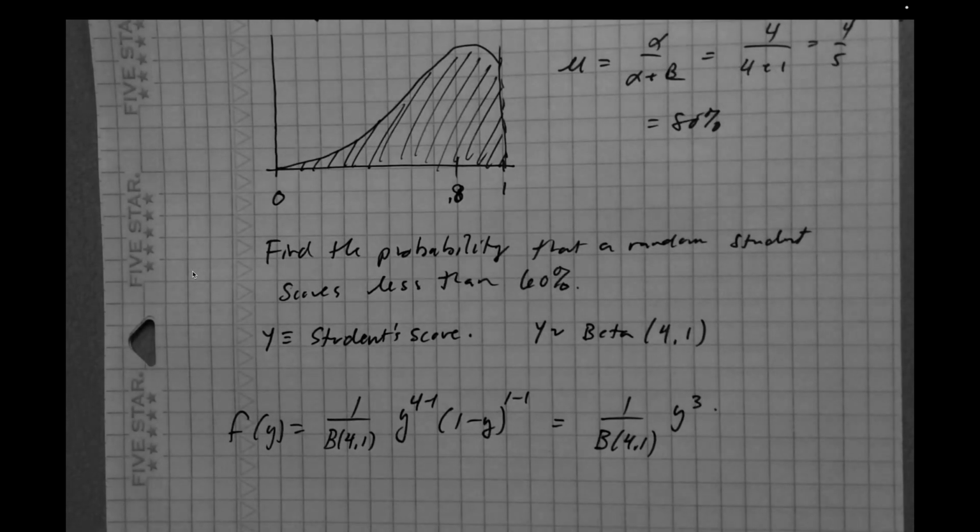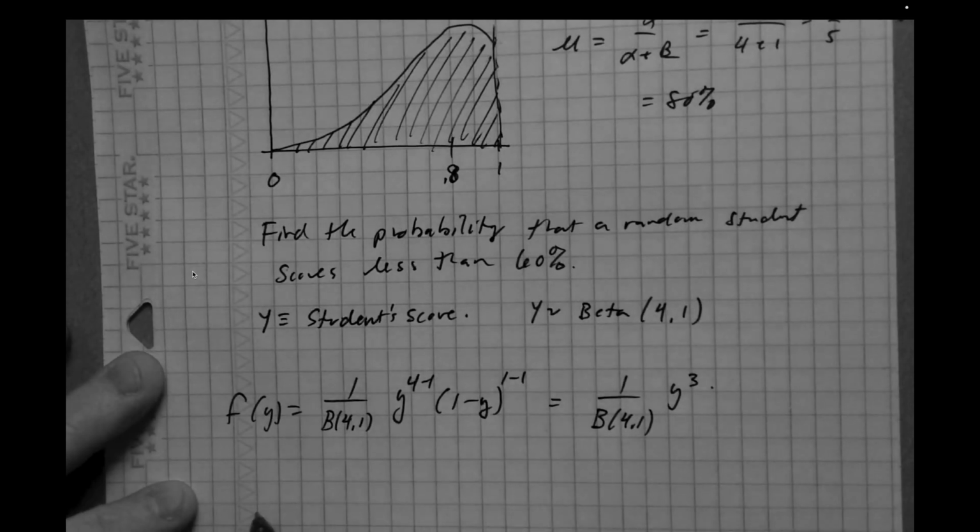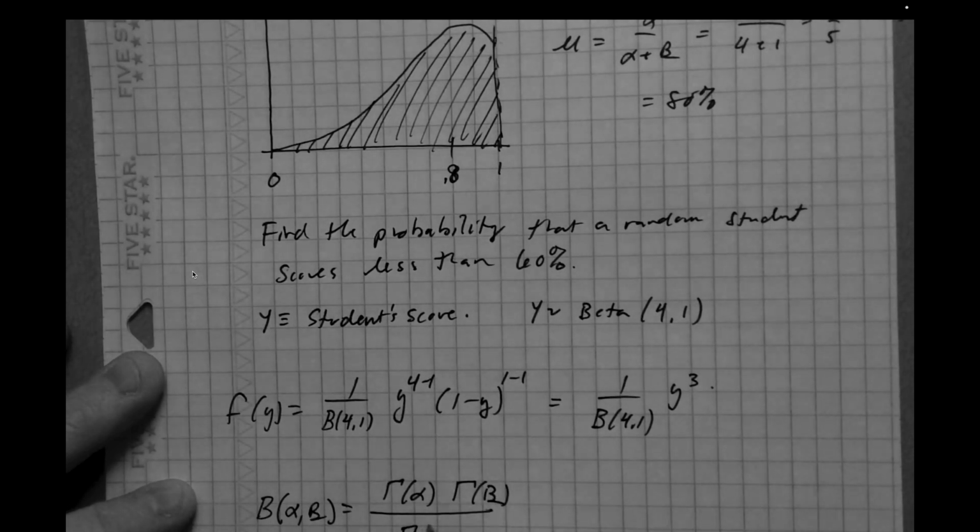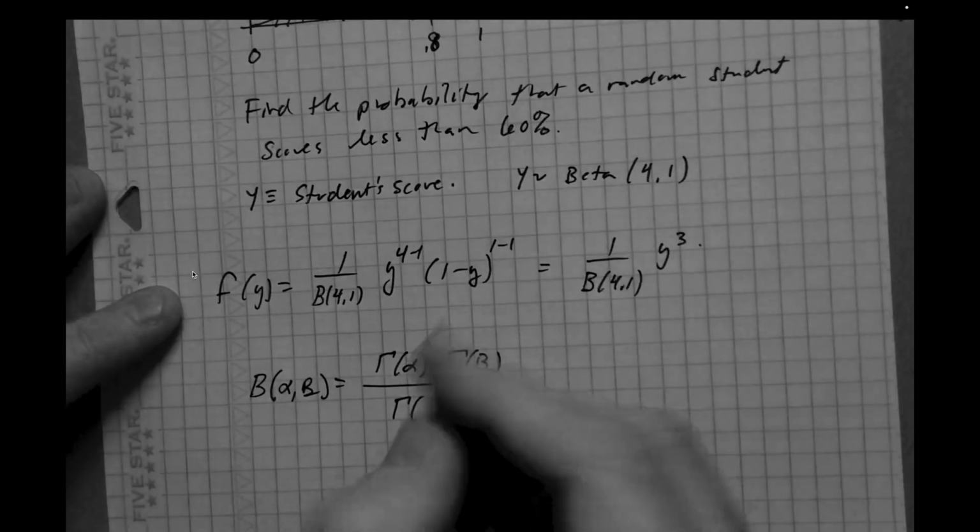So remember that beta 4,1, this is the beta function. So let's remember what that is. Beta of alpha, beta is equal to gamma of alpha times gamma of beta divided by gamma of the sum, alpha plus beta.